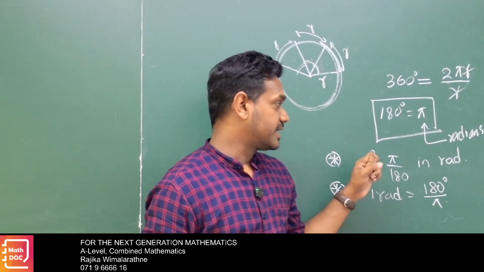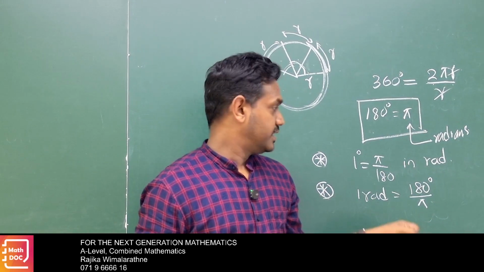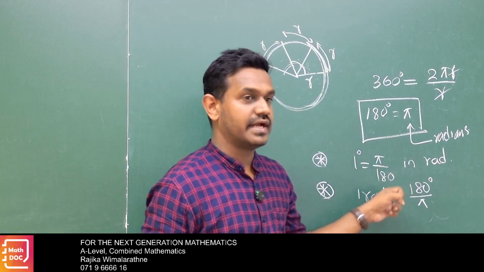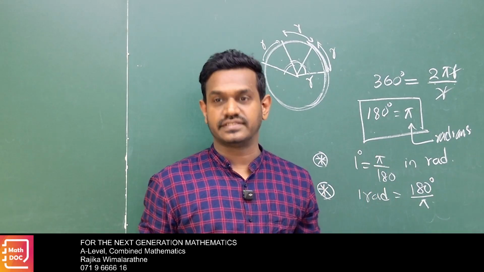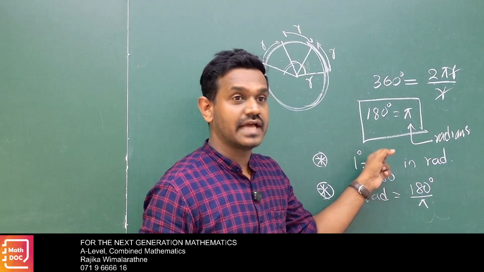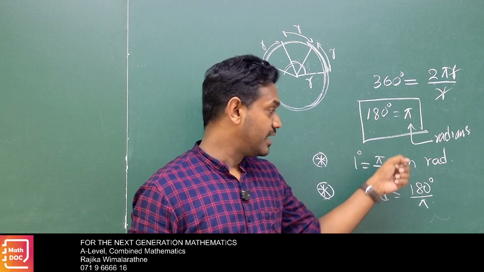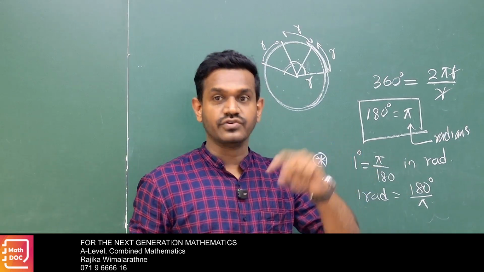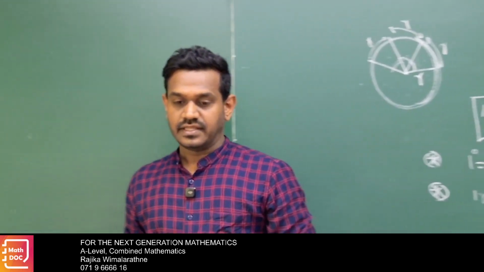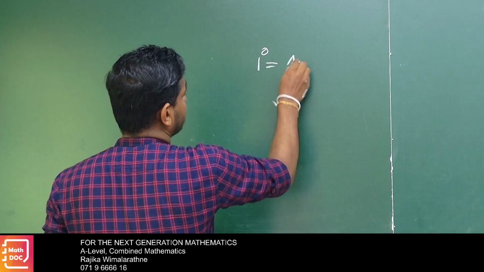Here we can write radians in terms of pi. When we write an angle in terms of pi, there is no need to put the RAD unit. But if you put pi as 22 divided by 7, that means you substitute the value of pi, then you have to write the radian RAD unit, okay? 1 degree equals pi divided by 180.